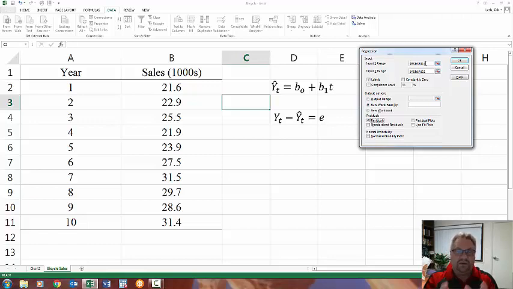Your x variable is always your time period. Whether this is years, quarters, months, or days, that's always going to be your x variable. And your x's always have to start at 1 and then go up to however much data you have, right? So if we had 50 years of data, you'd start at 1 and go to 50, okay?